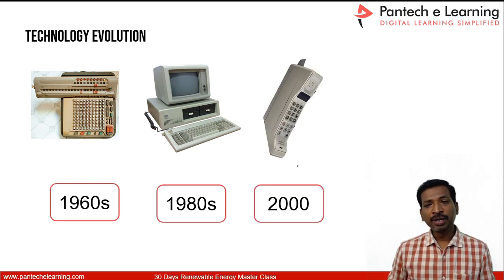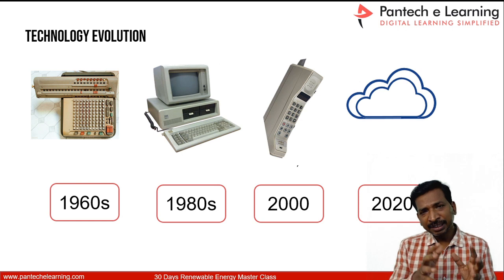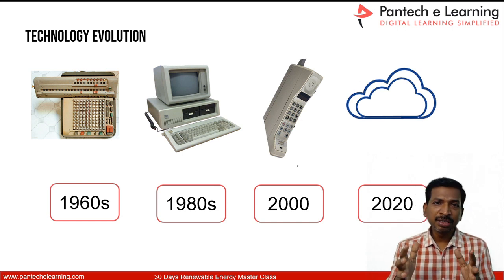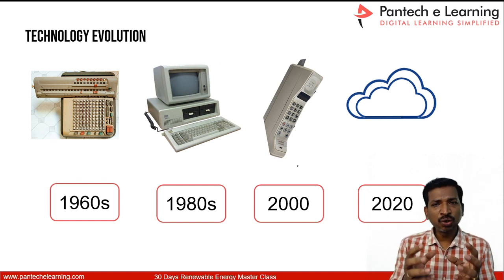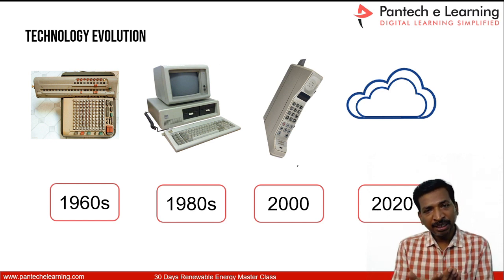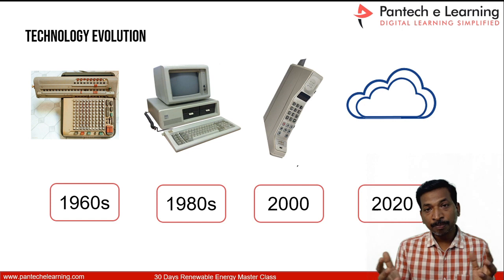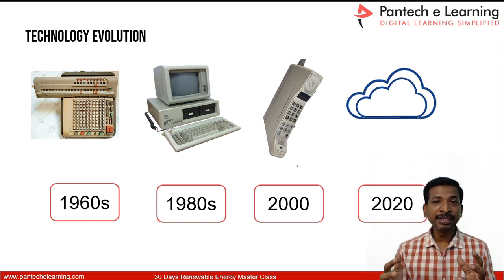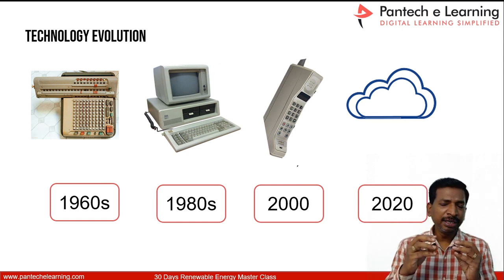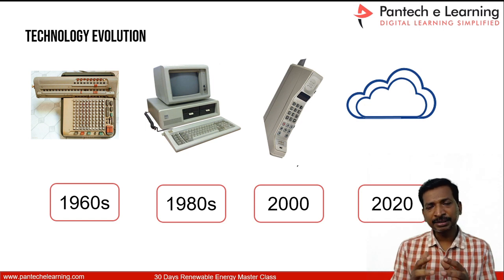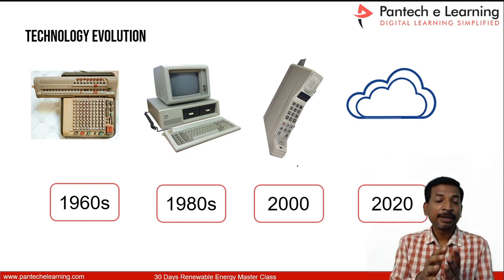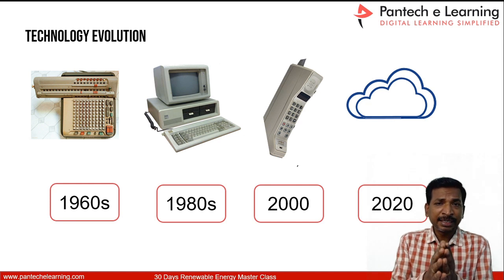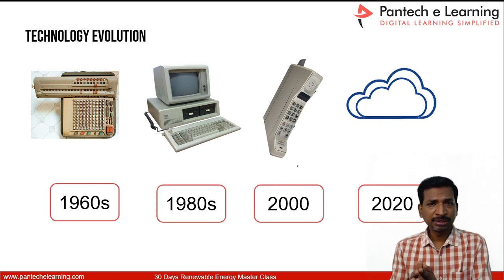Similarly, the mobile phone, and now the entire technology is moving to the cloud, because you have complete display devices and complete internet facility. So any electronic or electrical gadgets and products can now move their data to cloud systems.